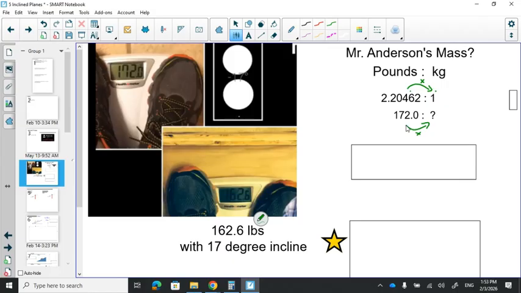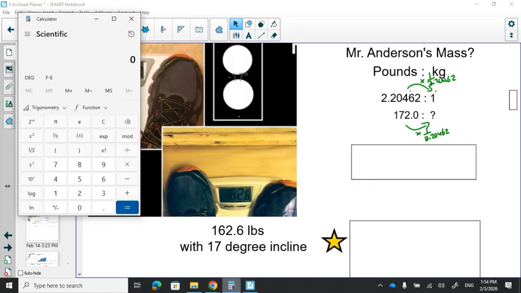And so you can tell we're multiplying by 1 over 2.20462. And that would give us the weight. Or the mass, actually, sorry. And so that would be the 172, which is really a measurement of force. So it's really weight. And then we're dividing by that 2.20462, or 2.2 approximately, gives Mr. Anderson's mass in kilograms as 78.01, and so on.